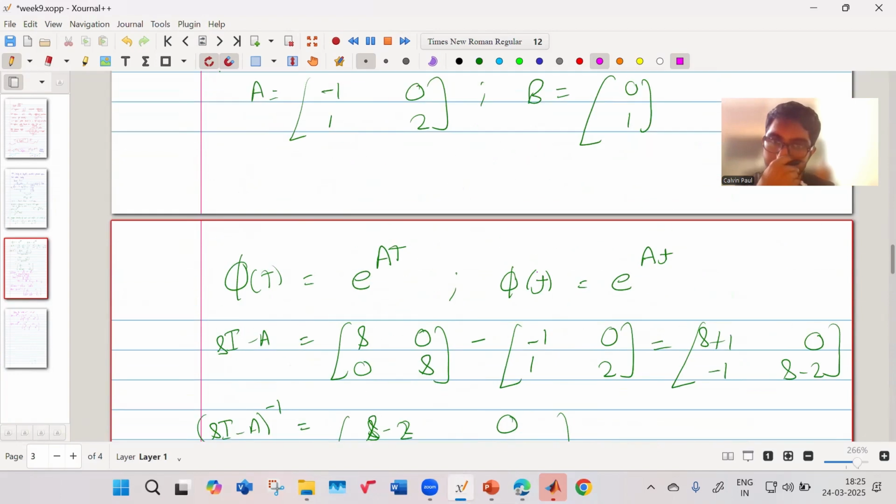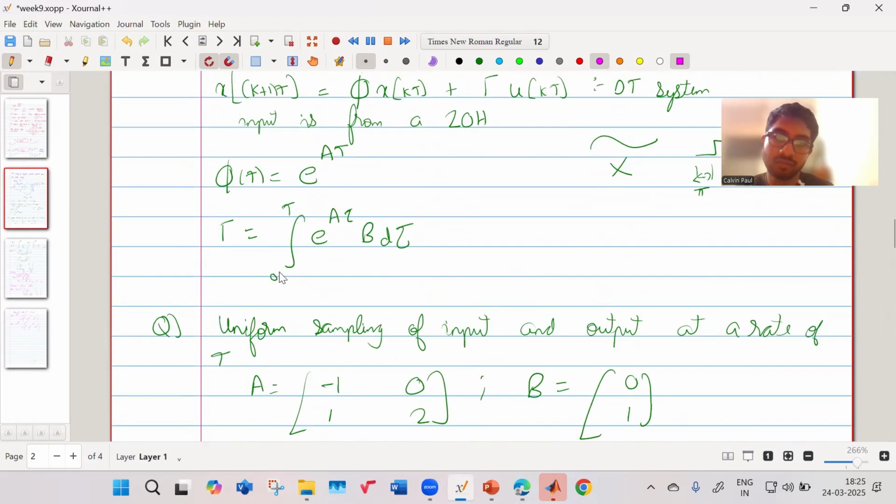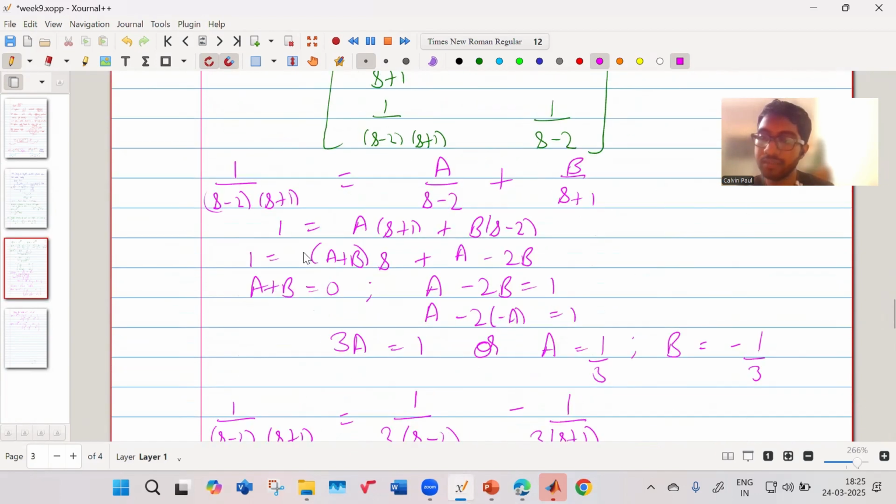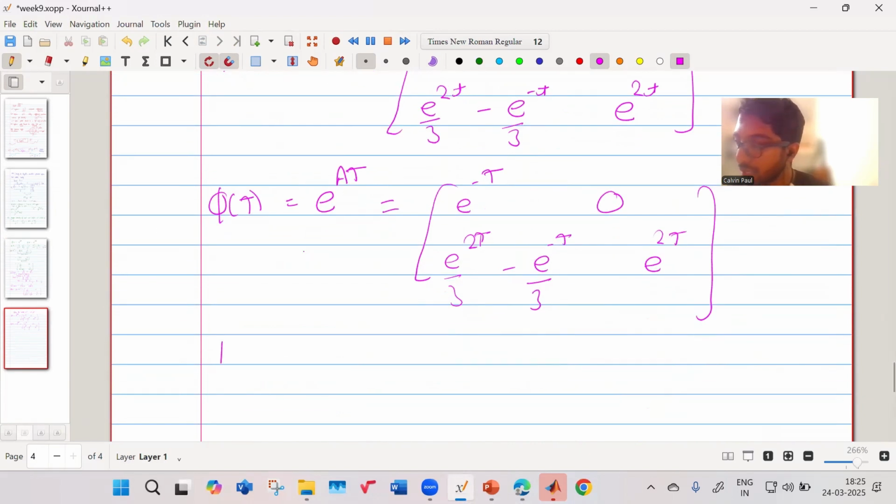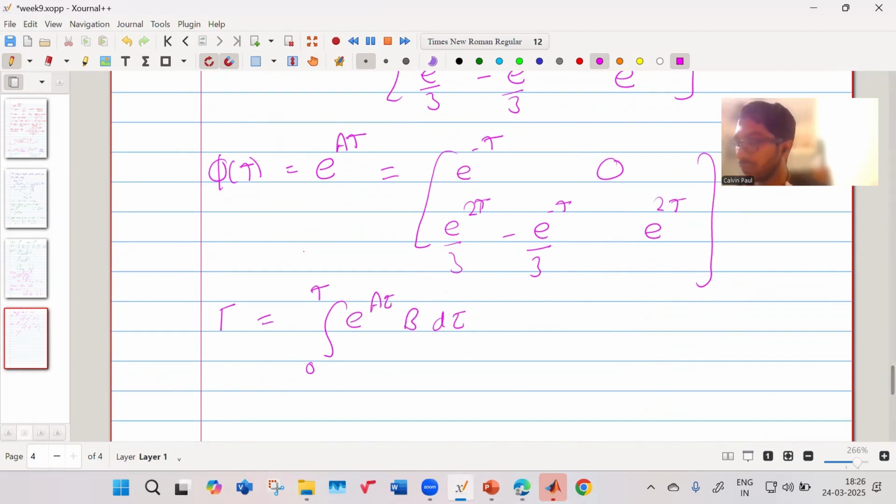Now what do we need? We need what is known as gamma. That is the integral from 0 to T of e to the power A tau into B into d tau. So my gamma is equal to the integral from 0 to T of e to the power A tau B d tau.